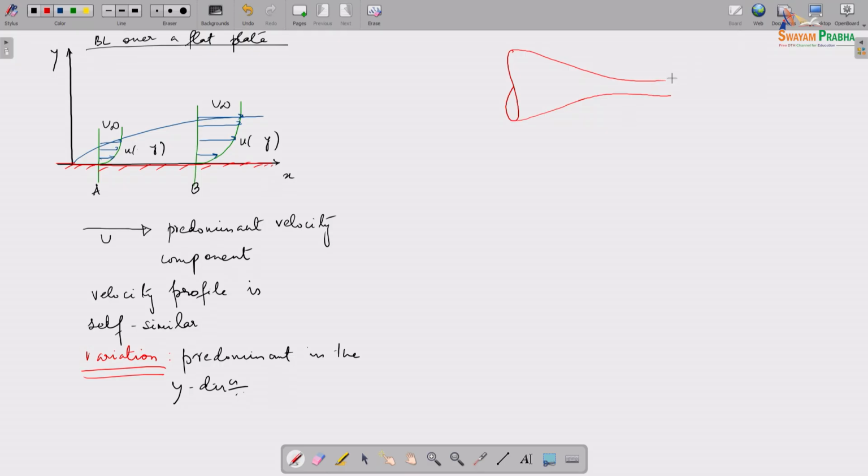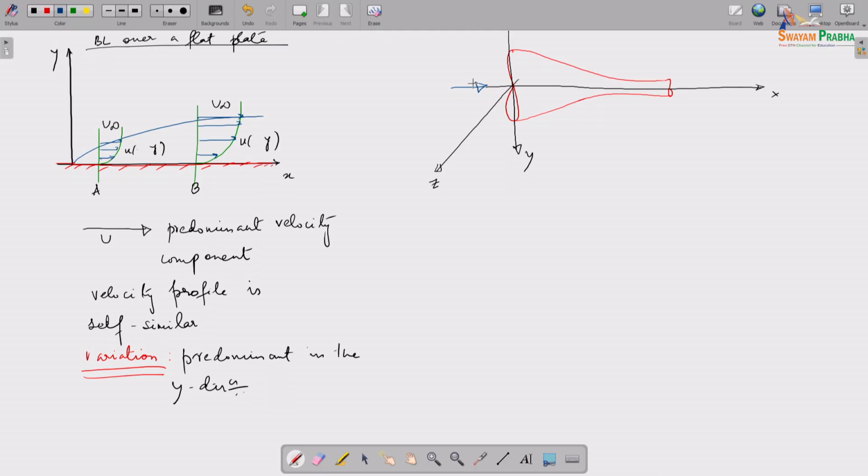Okay, so here also, you have a velocity profile.